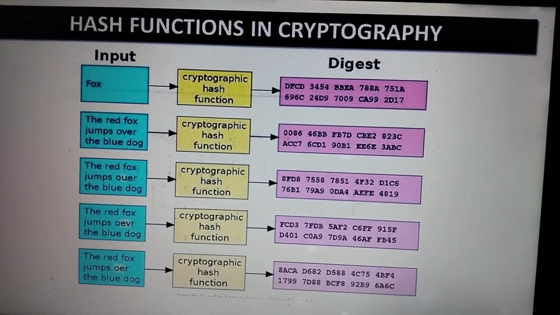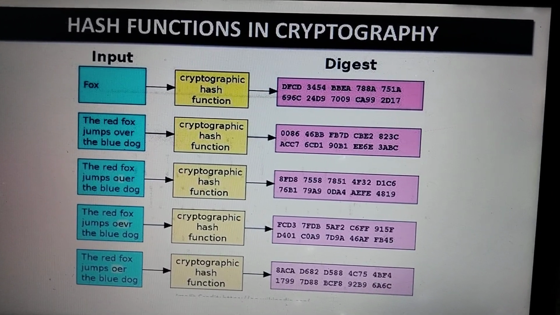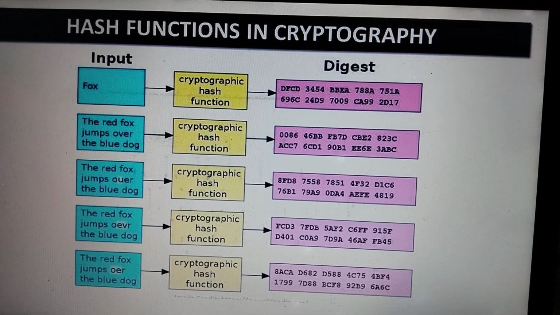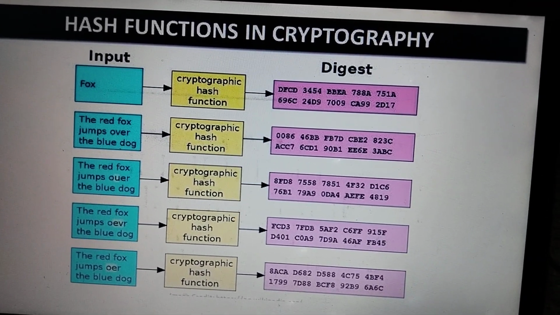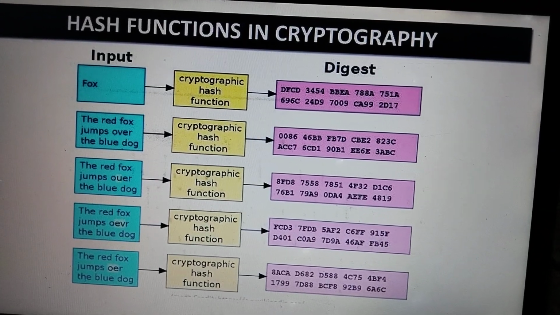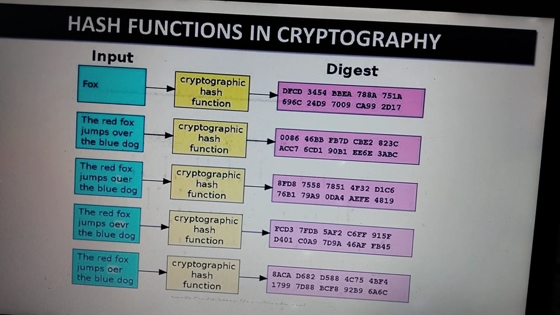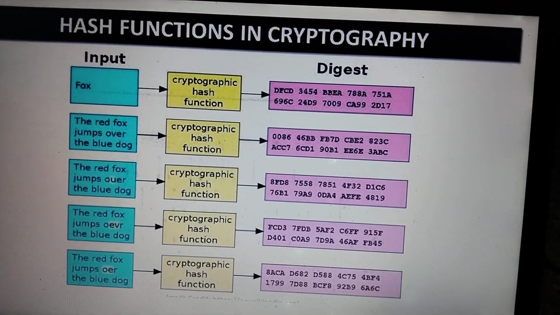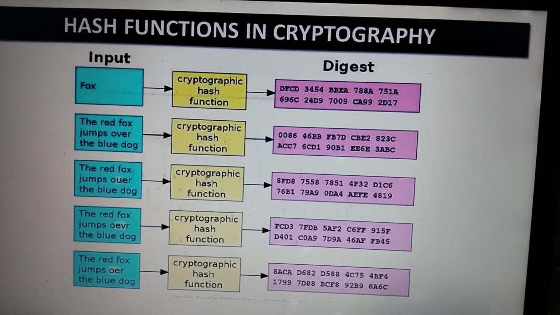And the main advantage of using the hash function concept is that the speed and efficiency of processing is very high when you are using a large amount of data. And here it provides one of the security ways to protect from attackers.